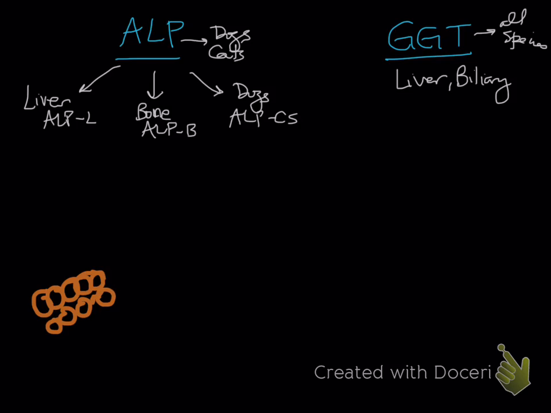Imagine it's that slice of pie, and you have your portal vein, your hepatic artery, and your bile duct, right? And here's your central vein. So that's the slice of pie that we were looking at before. And you have cholestasis.